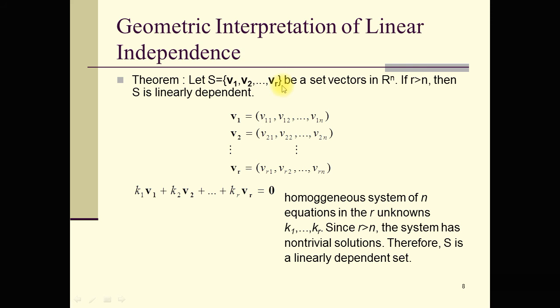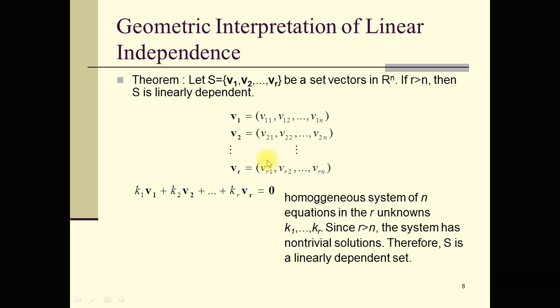If the number of vectors is greater than the number of dimensions, then the vectors will be linearly dependent. Suppose there are vectors v1, v2, v3 up to vr, and the number of vectors is greater than the dimension.